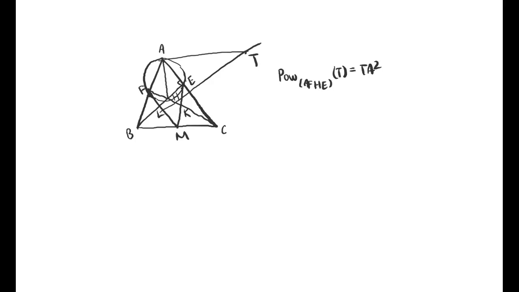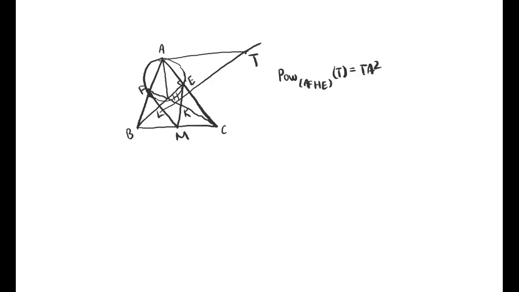And we want to show that this is equal to TM squared. So this basically, again, comes back to the idea of having circles of radius 0. So we want to somehow use the fact that L and K are midpoints of MF and ME.